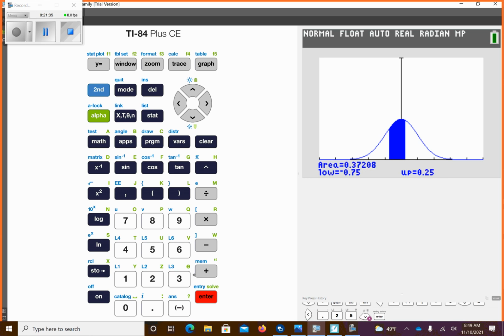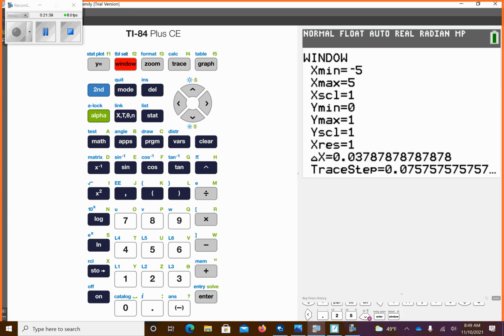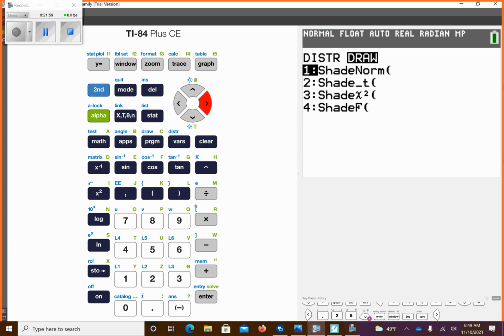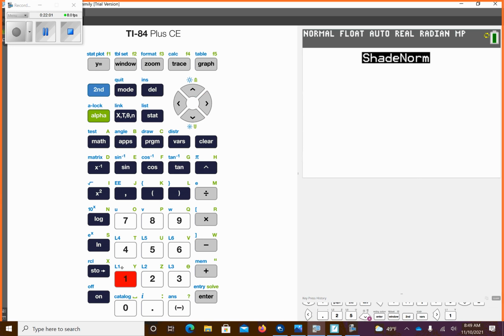How do you get the actual curve? First, you change your window. I did mine from negative 5 to positive 5, my y minimum 0, my y maximum 1. That's the first thing you have to trick the calculator to do. Then you go second, distribute, and rather than do a distribution, we're going to draw and shade our normal distribution.